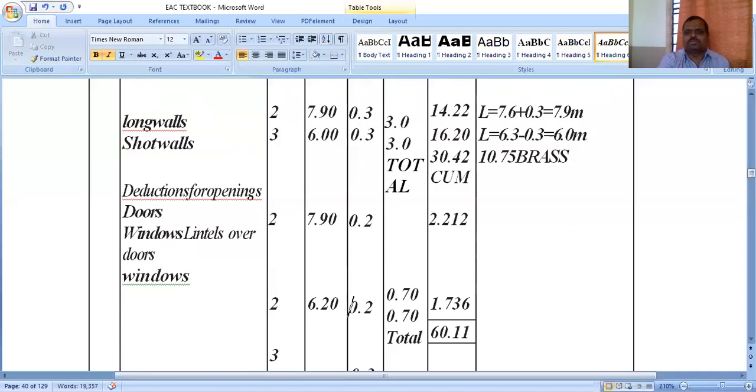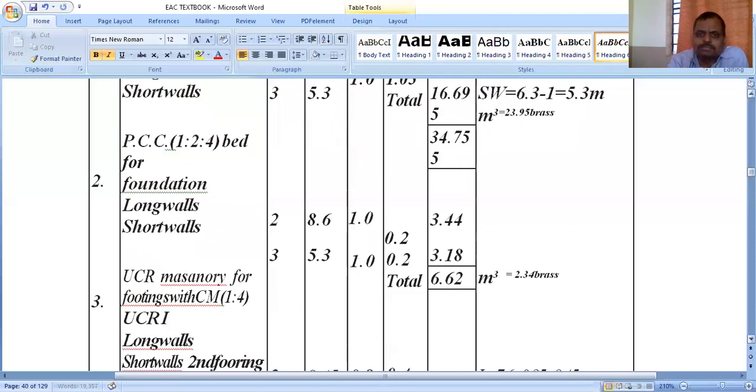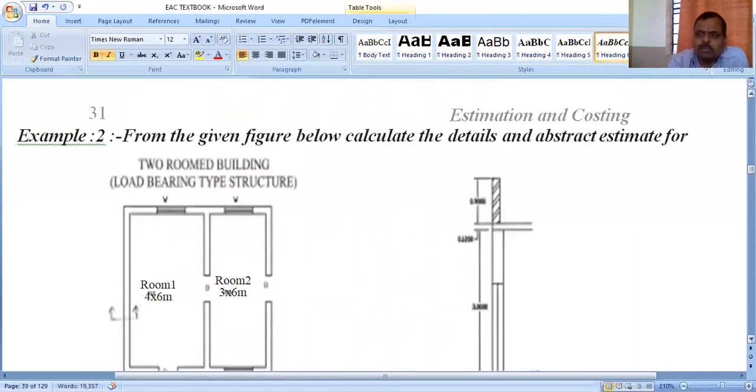Now, to understand how to actually deduct, we should go to the plan as well as the section. First of all, we are going to see the deduction of doors. See here, we'll go to the plan. How many doors are there?